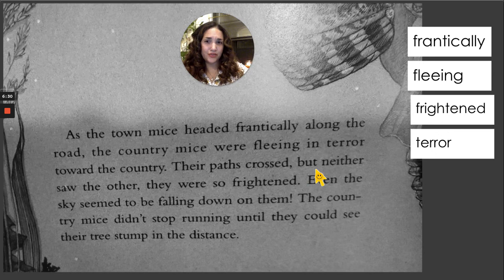Now I'm starting to feel a certain way about these words, and I'm starting to see what's really happening in the story. So they're fleeing in terror, and they're moving frantically along the road. Let me see another sentence that can help me.